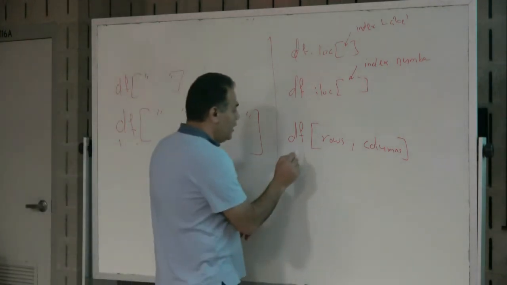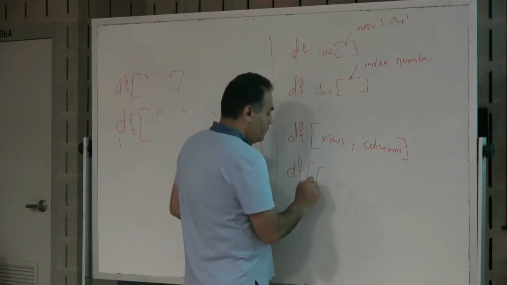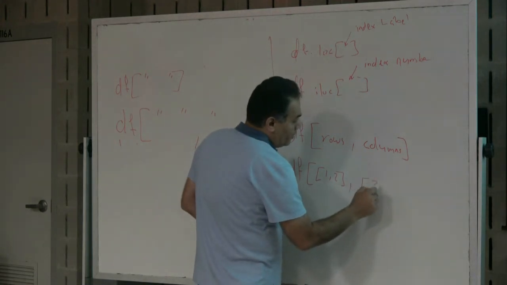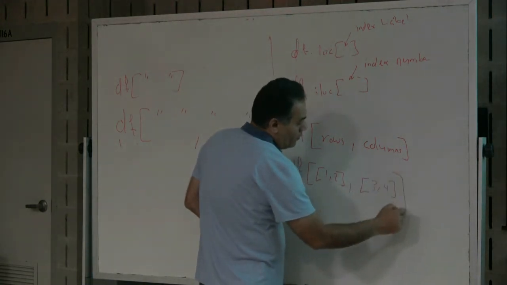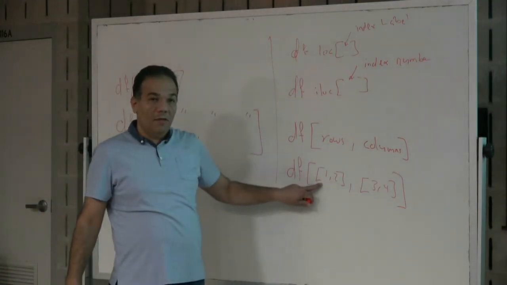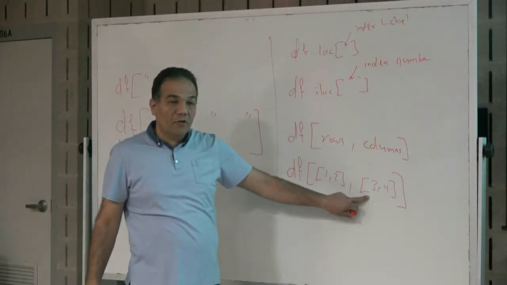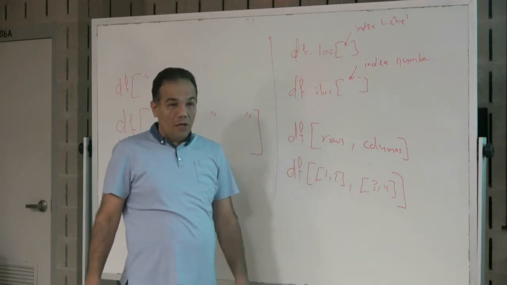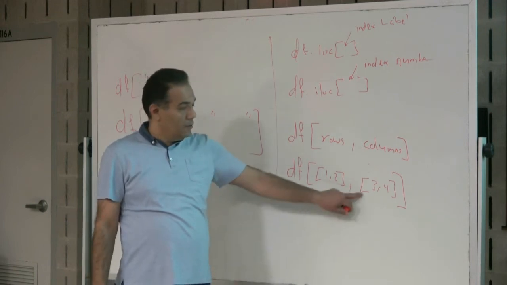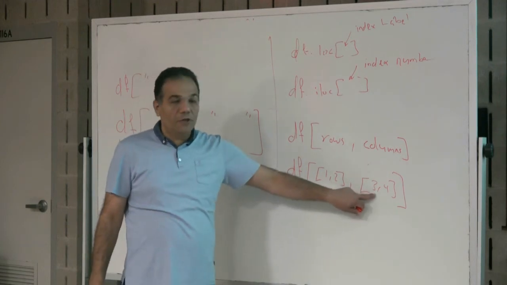So if I say df, a list 1, 2, comma, and a list 3, 4. What does this mean? Give me the first and second row and print only the third and fourth columns. Are those zero based or one based? Zero based. So it'd be the second and third row, and this is the fourth and fifth column.